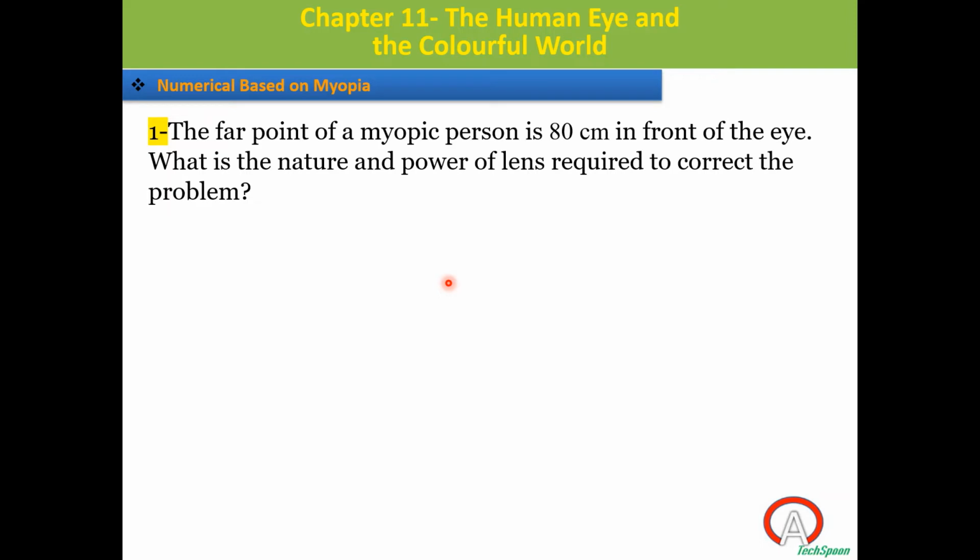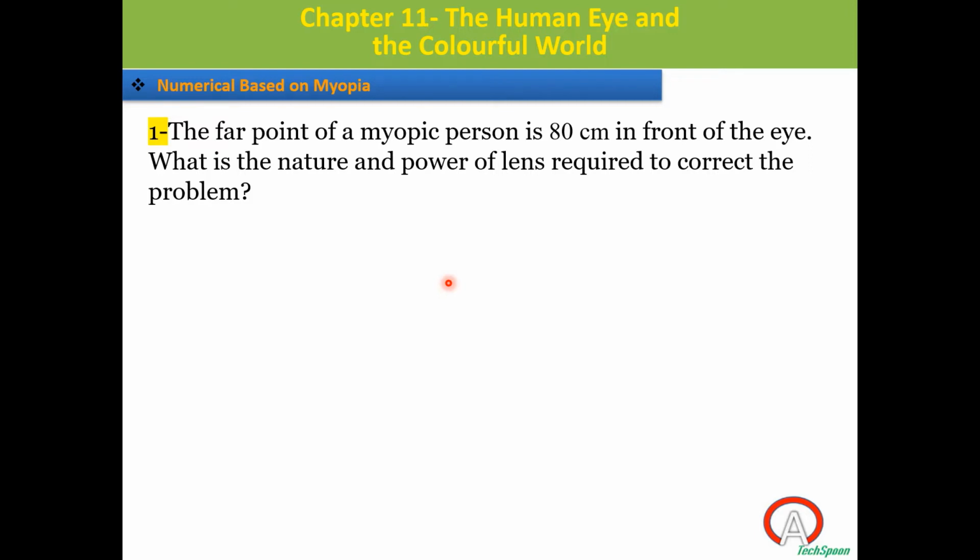That means a person can see nearby objects clearly, but cannot see far objects distinctly. After a certain distance, we cannot see the objects. So that is myopia, right?